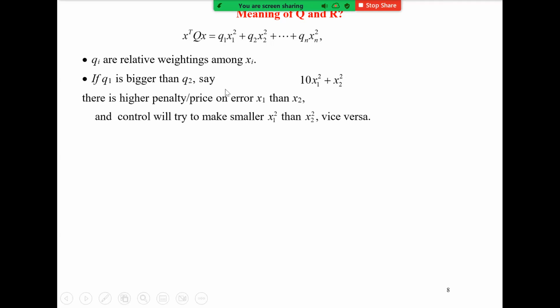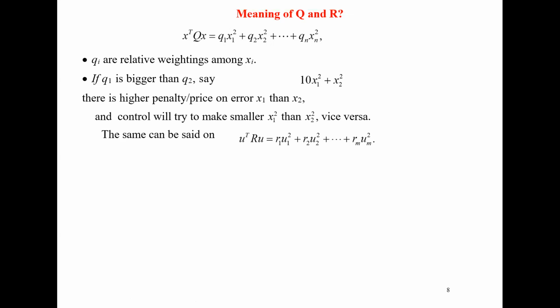So there is a higher penalty price on the error x1, and the control will try to make x1 smaller than x2. But of course, eventually all the state variables have to go to 0. Otherwise, the cost function will blow up, because the integration is from 0 to infinity.